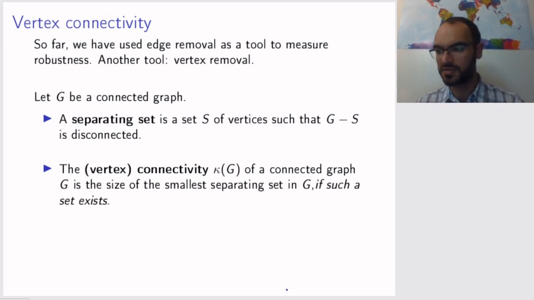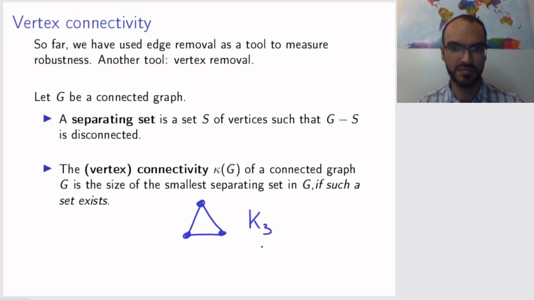Okay, so here's an example for you. Let's look at this example, the three cycle, also known as the three complete graph. Whichever vertex I remove, I will end up with a path with two vertices. If I remove this vertex, what is left are these two vertices.